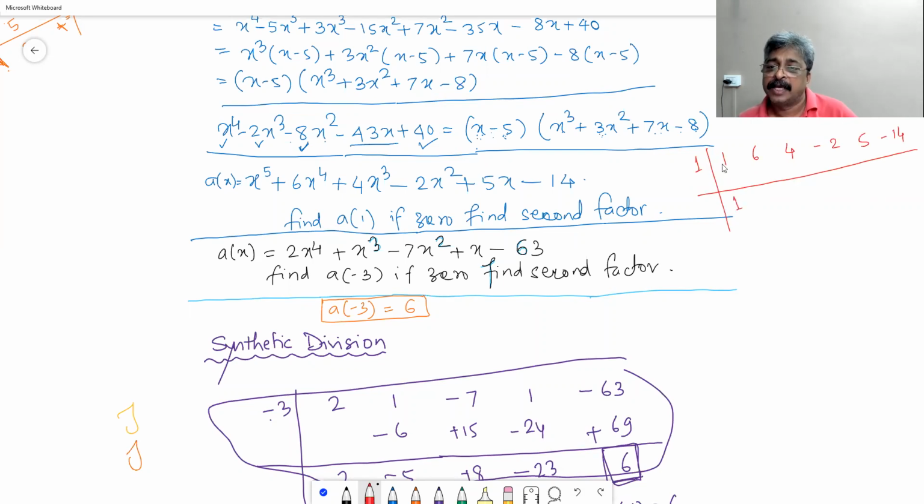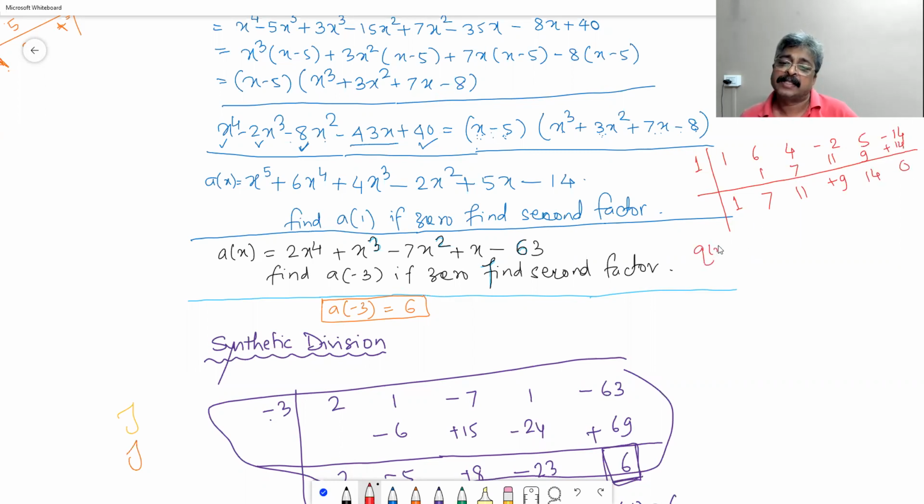Make first one as it is, 1. 1 into 1, 1. Add them, 7. 7 into 1, 7. Correct, right? 7 and 4, 11, 11. Plus 9, 9. Then 14 plus 14, 0.